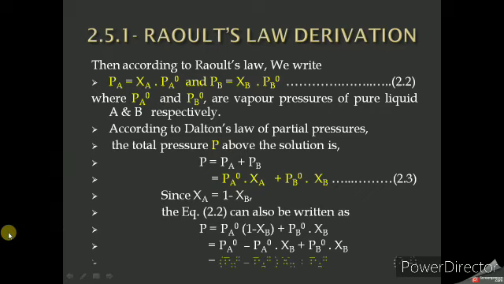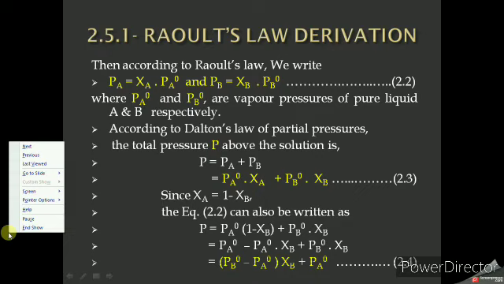Then our equation becomes PA0 as it is, plus (PB0 minus PA0) into XB. The second term is written this way by taking XB common outside the bracket, so we write the new equation 2.4.